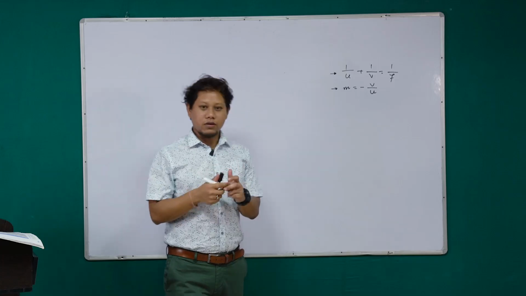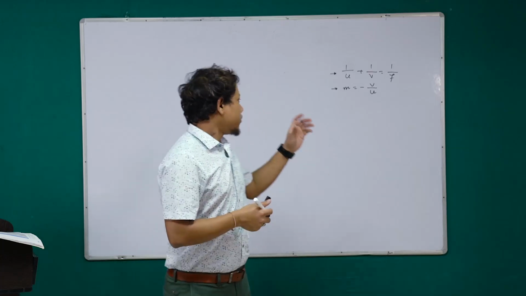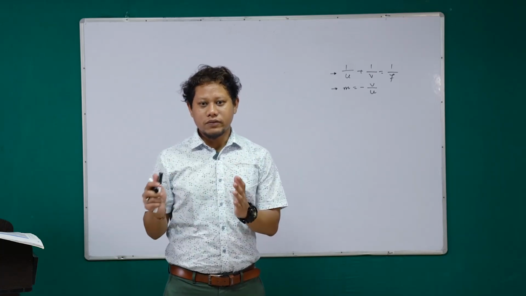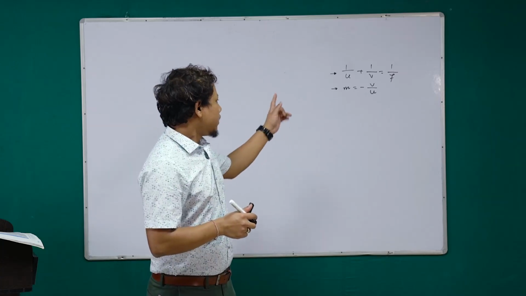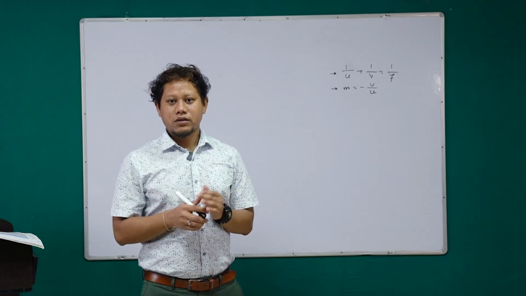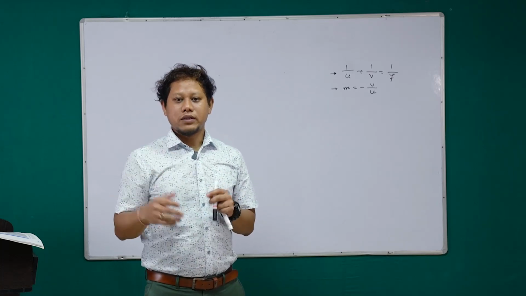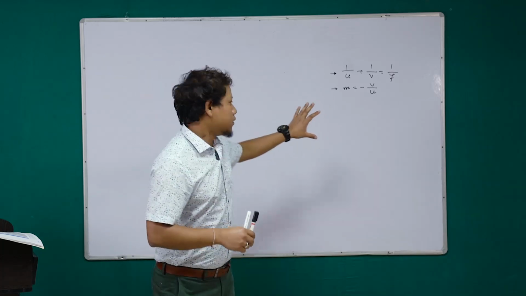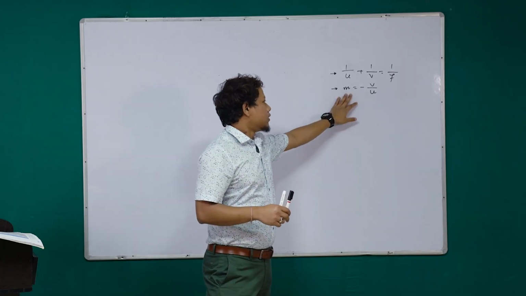As I have already told you, if the value of m is negative, the image is real, and a real image is always inverted. If the value of m is positive, the image must be virtual, and a virtual image is always erect. Okay. So today we'll continue from this part.